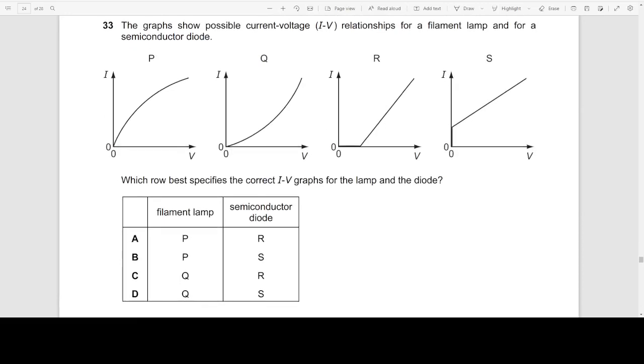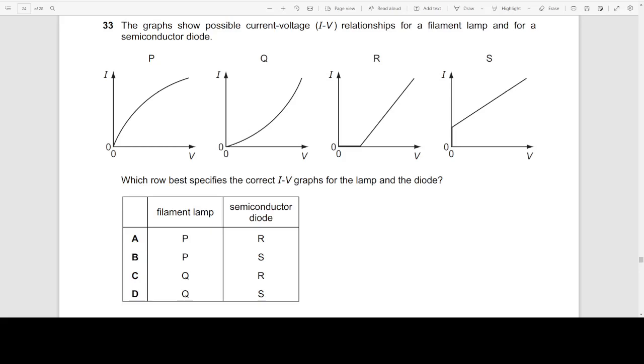So coming to the next question, this graph shows possible current-voltage IV relationships for a filament lamp and a semiconductor diode. Which row best specifies the correct IV graphs for the lamp and the diode? In case of a semiconductor diode, we know that they only start conducting after the threshold voltage is passed.